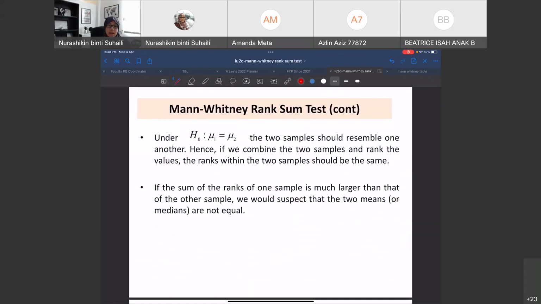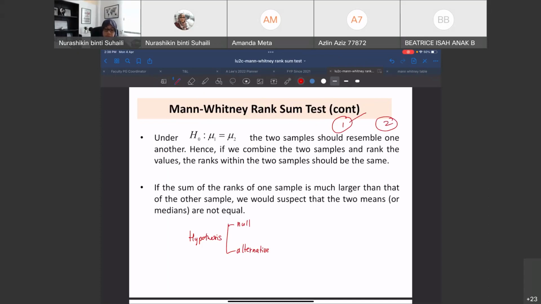Similar to other tests, the first step of this test is to set the hypothesis. The hypothesis can be divided into null and alternative, so we have to set it. Based on our situation, we have two samples, sample 1 and sample 2.